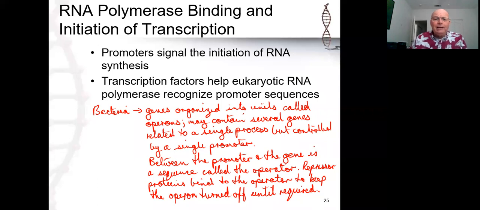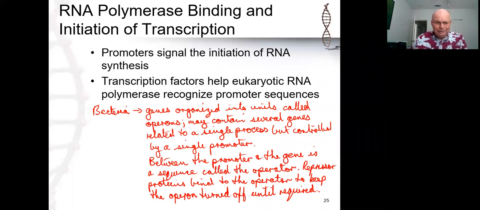And it's all about how these repressor proteins are regulated as to how the operons are turned on or turned off. So in the case of the lac operon, the repressor protein is active in the absence of lactose. So long as there's no lactose around, the repressor protein binds to the operator and keeps the gene turned off.